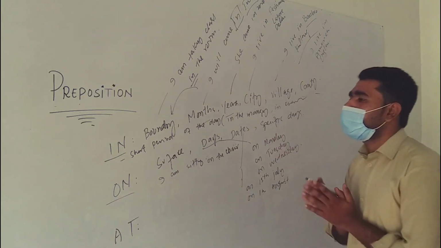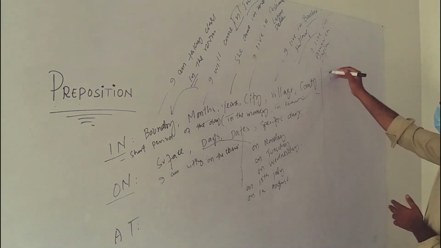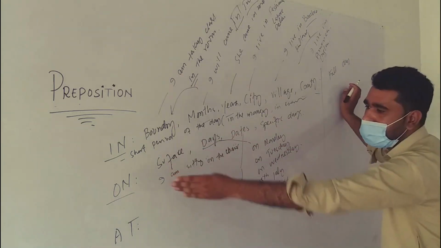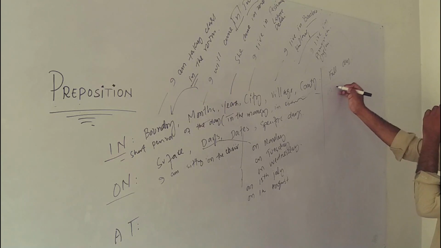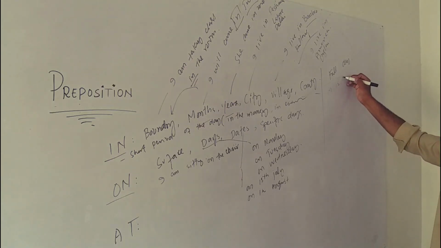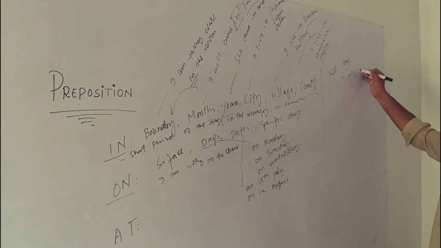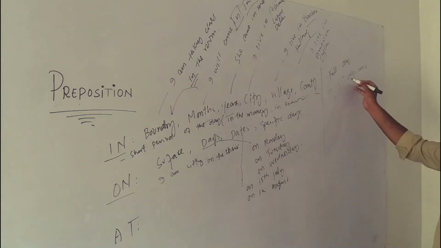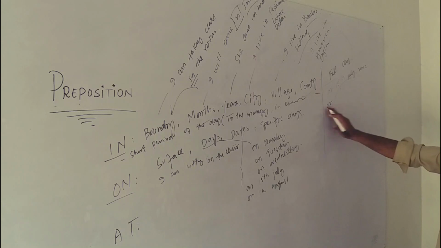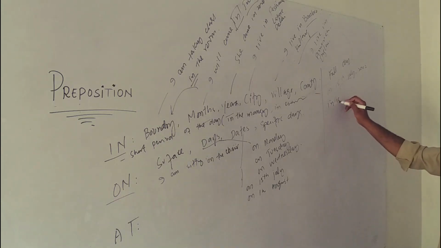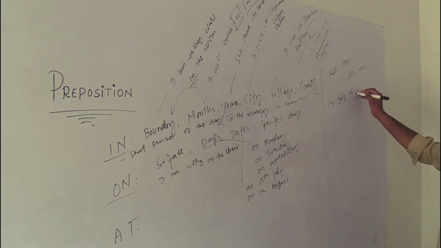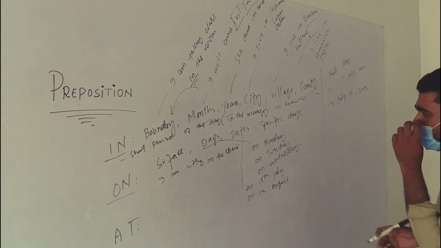Keep in mind for full date, we use both of them, in and on as well. For example, on 15th July 2002. But if the month comes first, then in July 15th 2002. So both of them can be used.